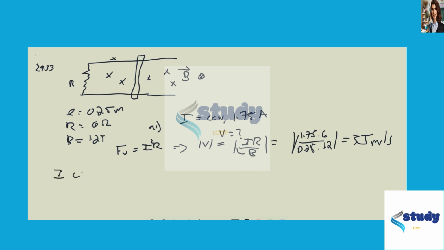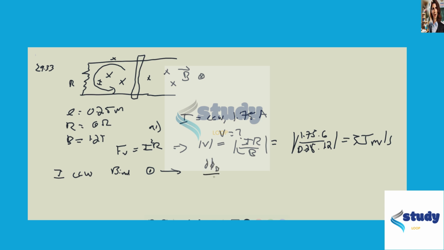If I is counterclockwise, so let's just draw I here. I is counterclockwise. We know that. That means the induced B field is out of the page. If the induced B field is out of the page, we can use Lenz's law to go backwards.